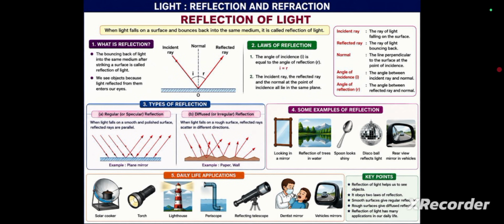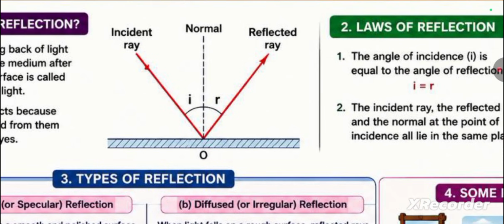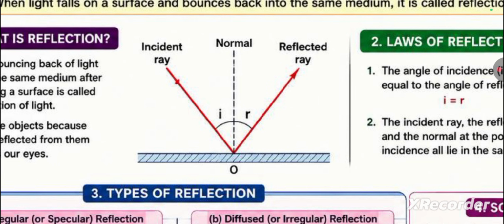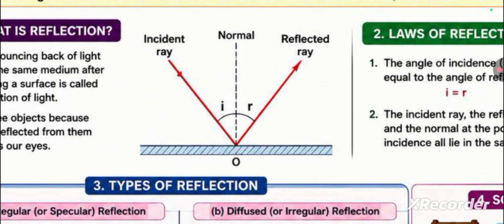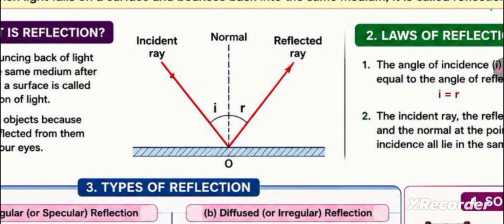Example, when you stand in front of a mirror, you can see your image. This happens because light reflects from the mirror. Here we can see this. This is the plane. One light ray comes and touches the surface and it goes back again. So this is called reflection of light.